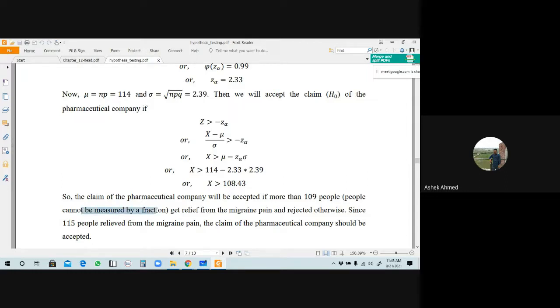People cannot be measured by fractions. If the number of people is greater than 109, then the people get relief from the migraine pain and the claim is accepted. Otherwise it will be rejected, when the number of people is less than 109. Keep this in mind.